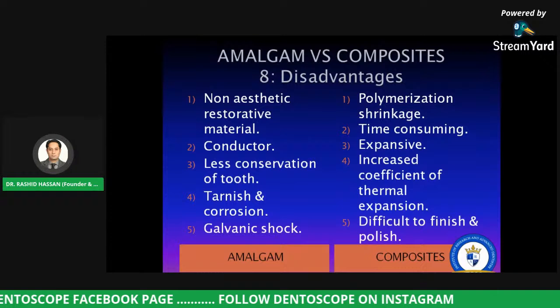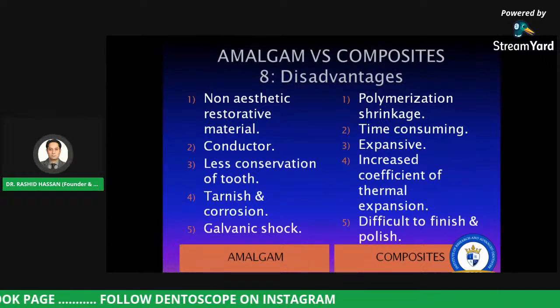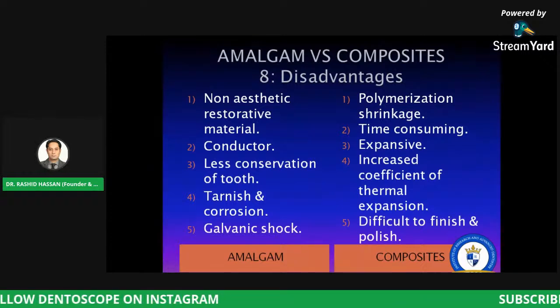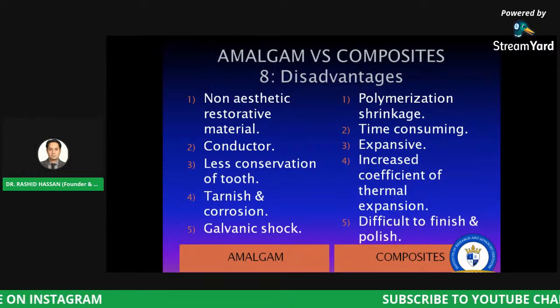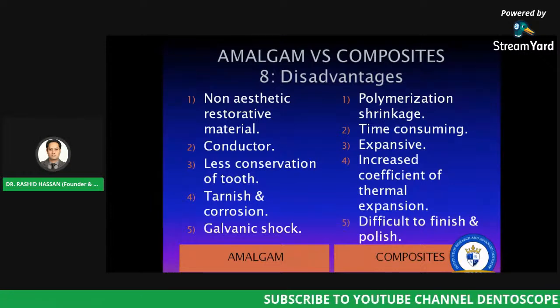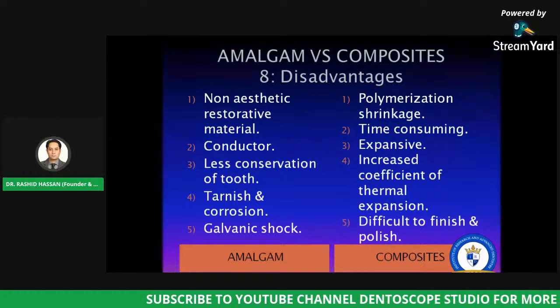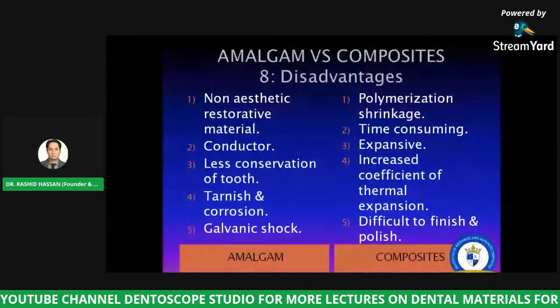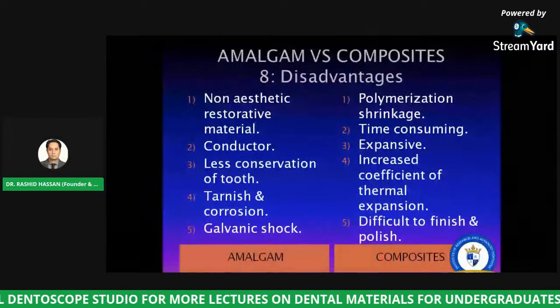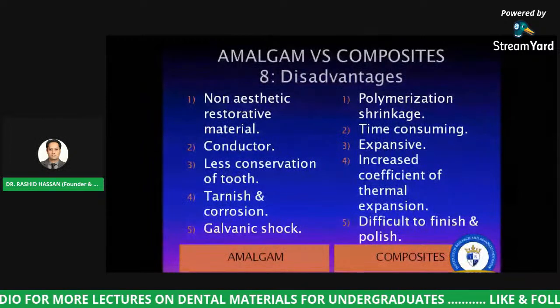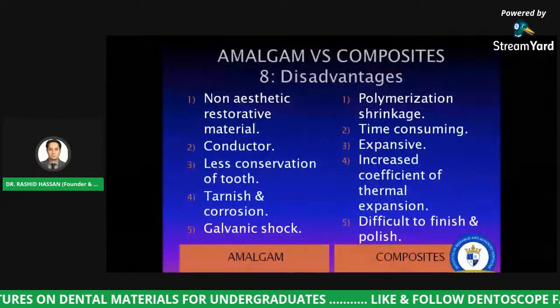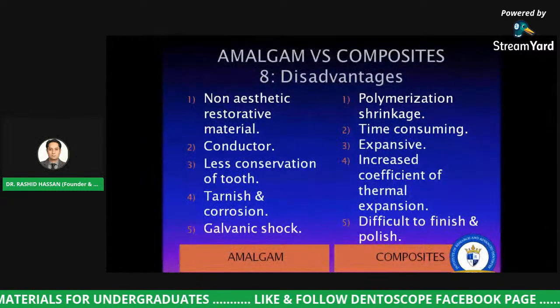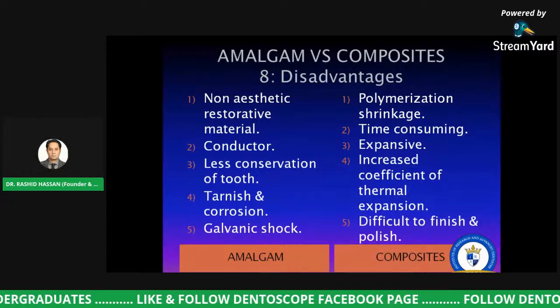Well, increased coefficient of thermal expansion. This is a very big disadvantage in the case of, sorry, dental composite: the large coefficient of thermal expansion seen in the dental composite basically affects its properties.